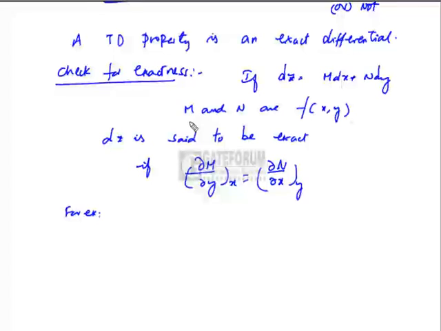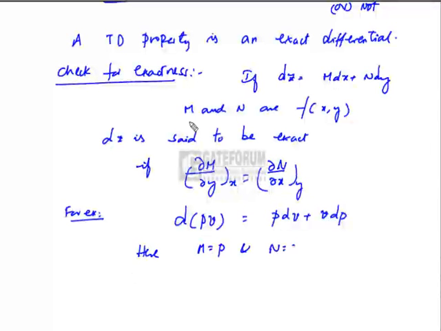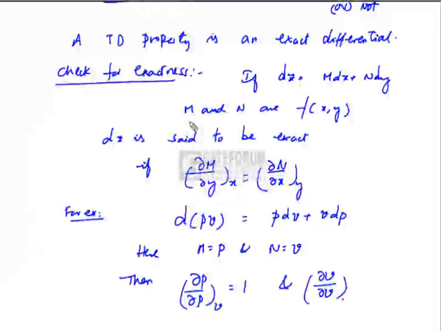For example, the differential of the PV product, where P is the pressure and V is the specific volume, can be written as PdV plus VdP. Here M is equal to P and N is equal to V. Then the partial derivative of P with respect to P at constant volume is 1, and the partial derivative of V with respect to V at constant pressure is also equal to 1.